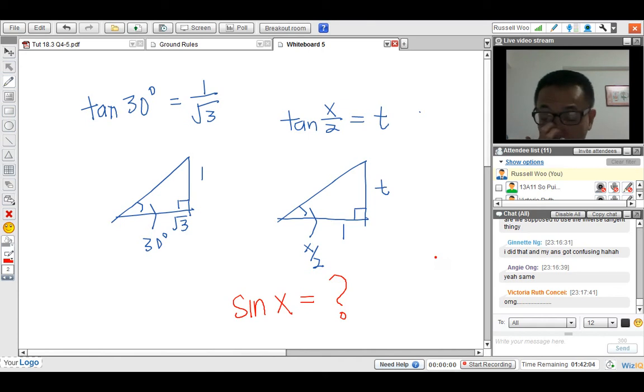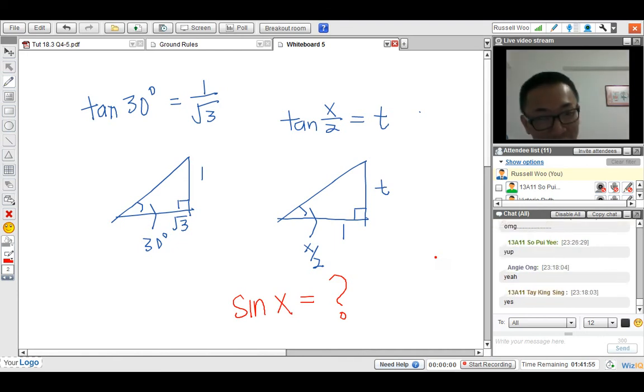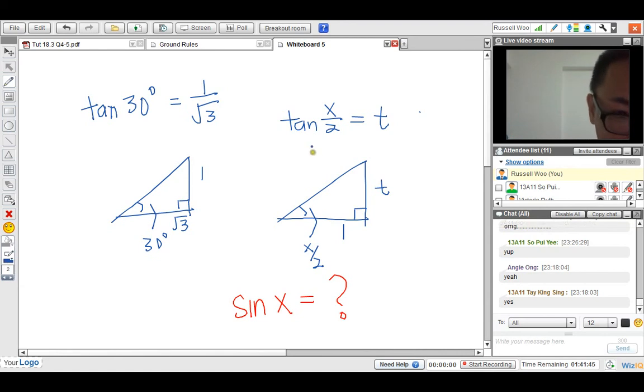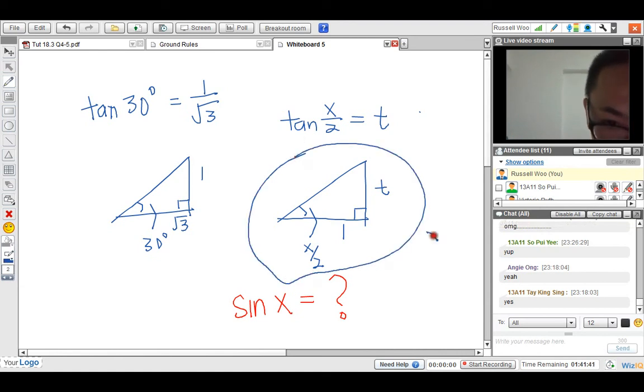Follow so far? Okay, don't say oh my god yet, Victoria. There's still one more oh my god. Look, from this triangle over here, can we find sine x over 2? We can't find sine x directly.